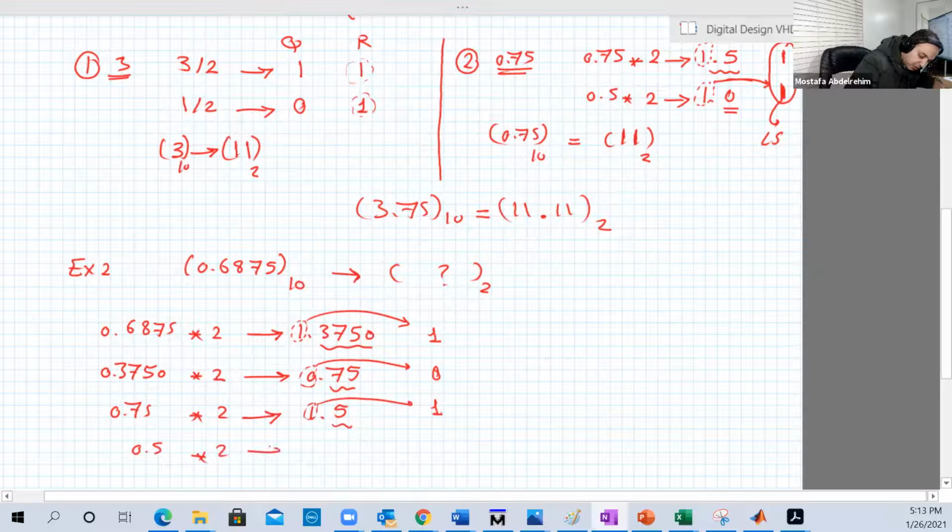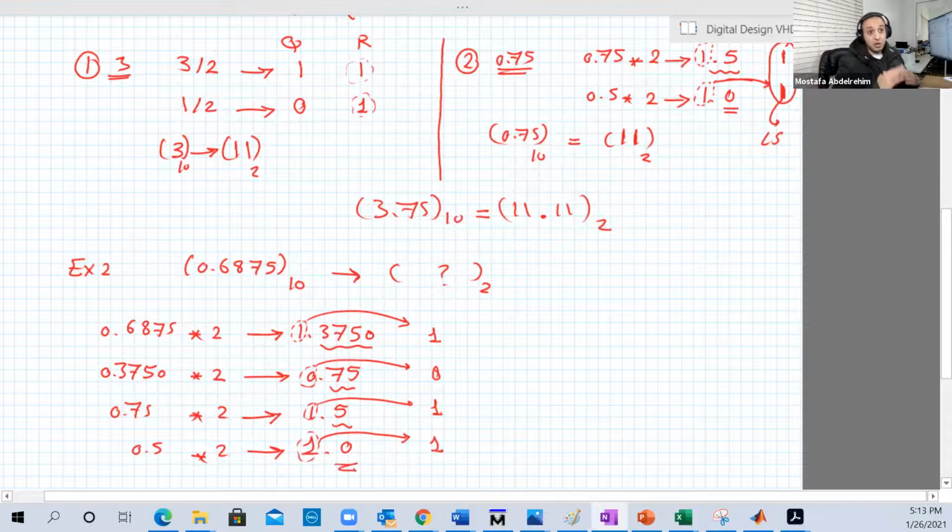We multiply by 2. This will give us 1.0. We take the integer part, and since the fractional part is 0, we stop.